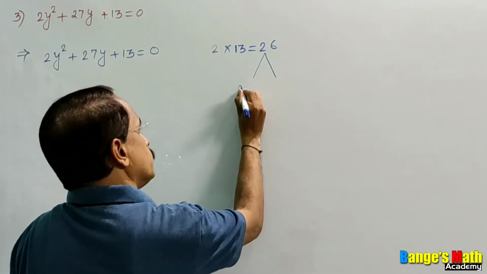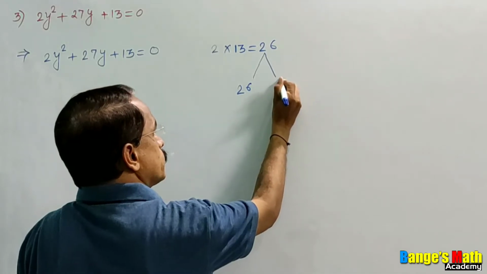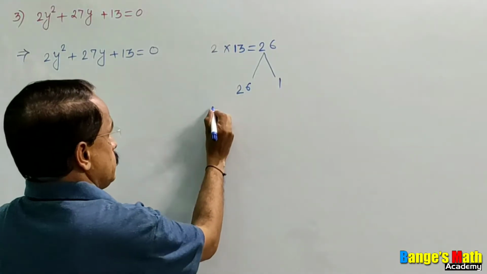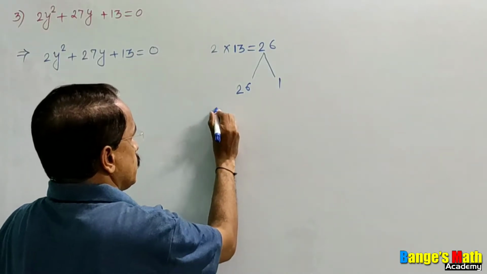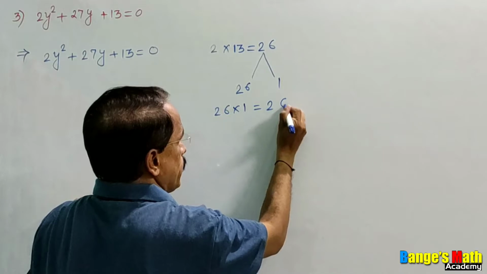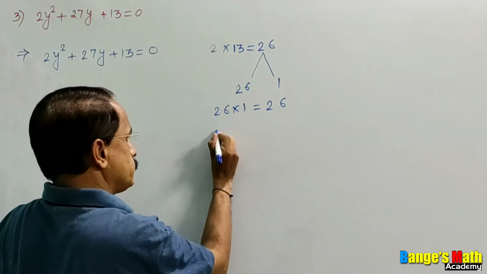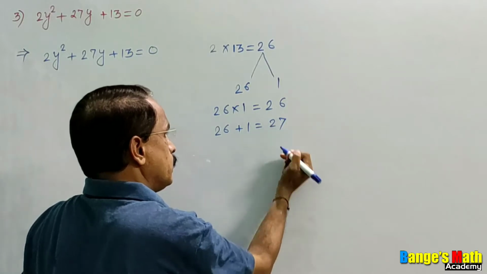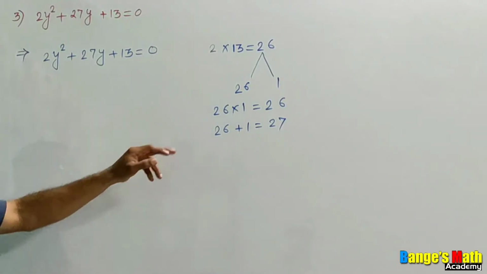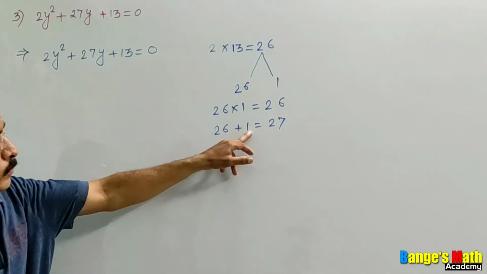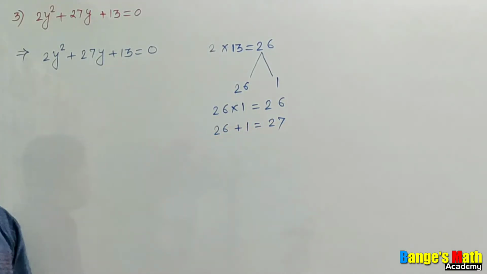So the two numbers are 26 and 1. If we take the product of these, 26 into 1, 26 ones are 26, and if we take their sum, 26 plus 1 is equal to 27. So see, the product of these two numbers is 26 and the sum is 27.